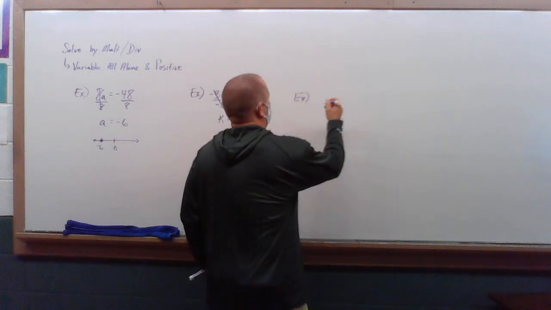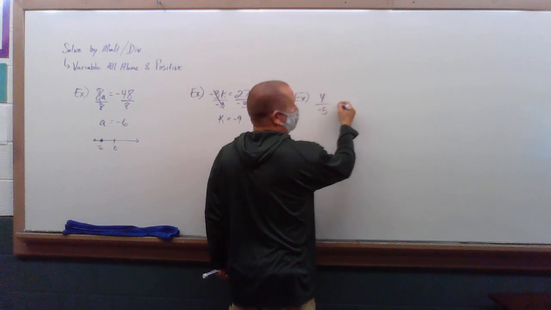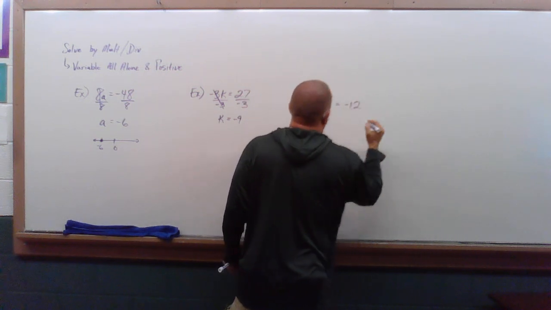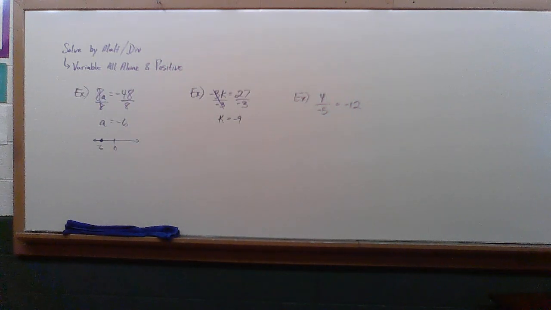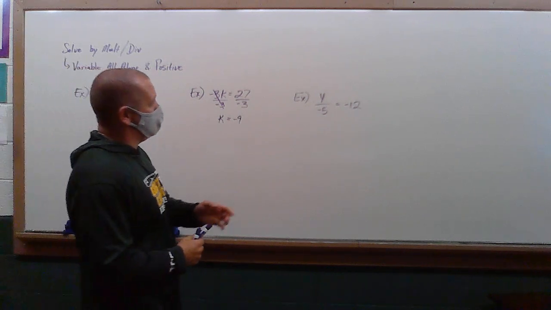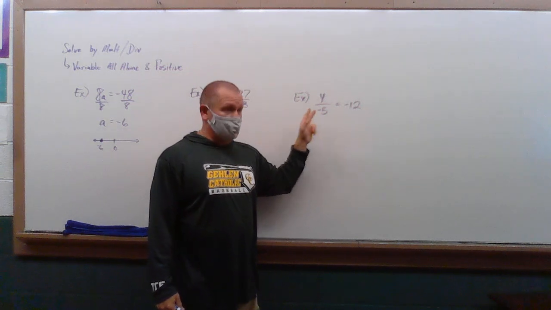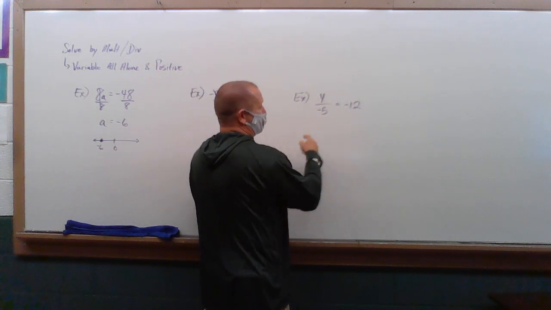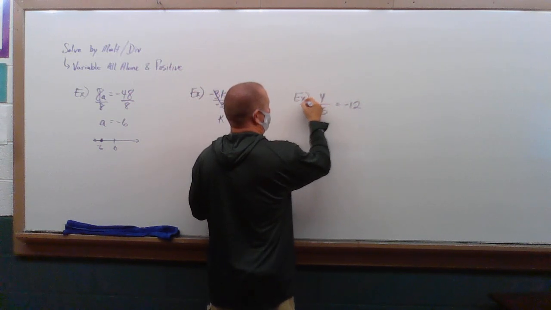So we first just want to look at basic division problems. All right, y divided by -5 equals -12. If I think about division, the opposite operation of division is multiplication. So I have to recognize that my fraction means division. Now I'm going to multiply by the denominator, so I'm going to multiply by -5.